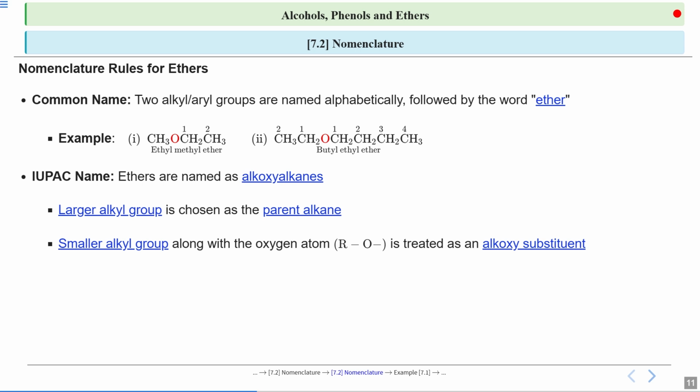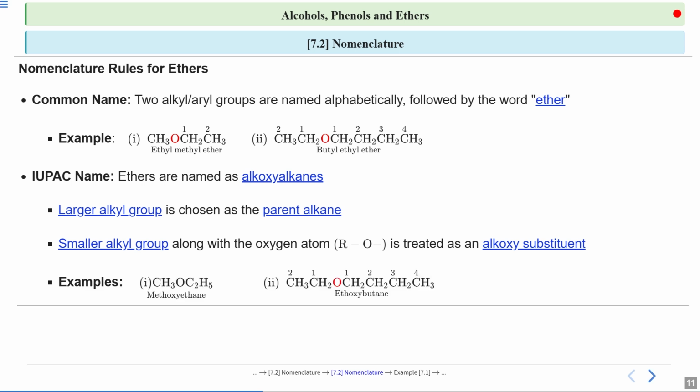So alkoxy is for the alkyl group containing fewer carbons compared to the other alkyl group, together with the oxygen. We treat them together and call it an alkoxy substituent, and the parent alkane is the alkane containing more carbon atoms. For example, the first is methoxyethane. C2H5 contains 2 carbons, CH3 contains 1 carbon.